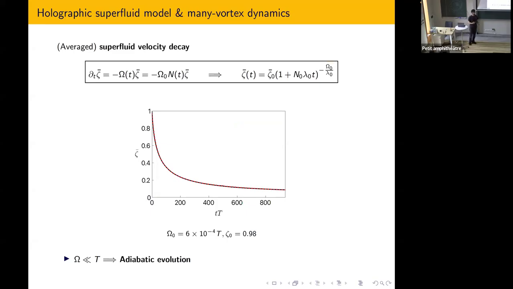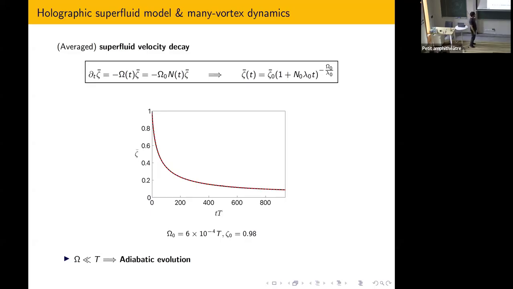Okay, mobile vortices relax superfluid velocity. We also have an equation for the average superfluid velocity decay, which looks like this. I can motivate in a little bit why it has the specific form, but basically the superfluid decay is proportional to the total number of vortices in our sample.